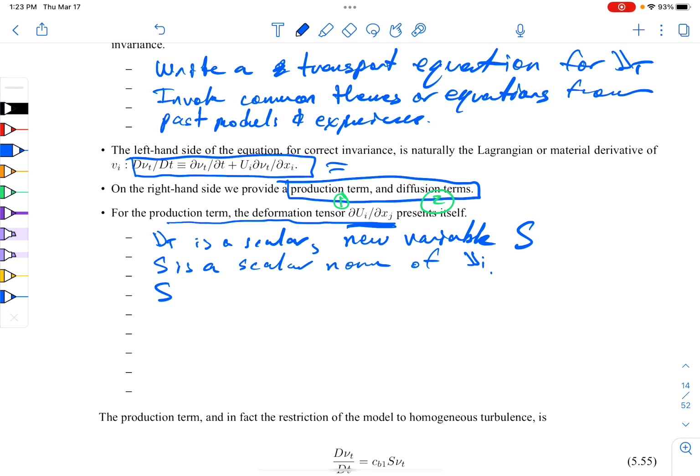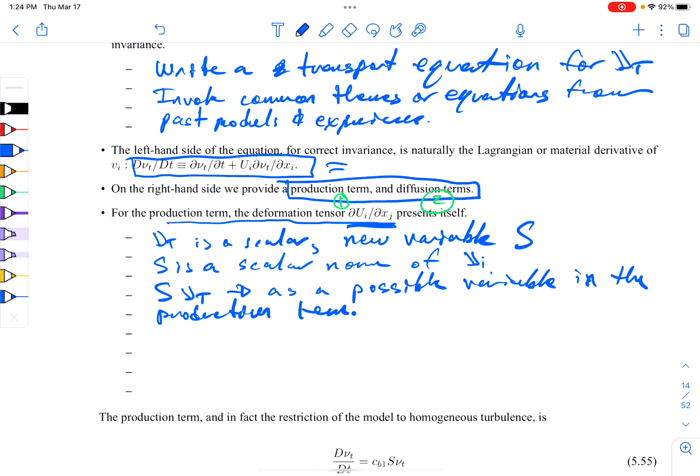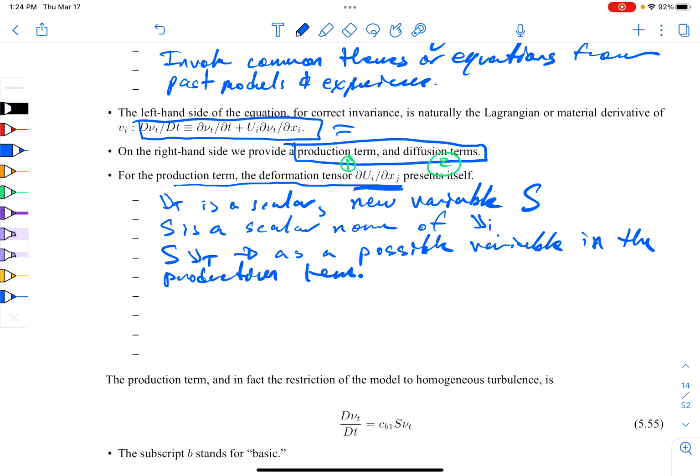Now, if we take S times nu_t, we're going to get that as a possible variable in the production term. They also introduce vorticity, omega, and write it as the square root of omega_ij, sorry, square root. And other things they're going to introduce is strain rate, 2 Sij Sij. These are all variables we'll need.